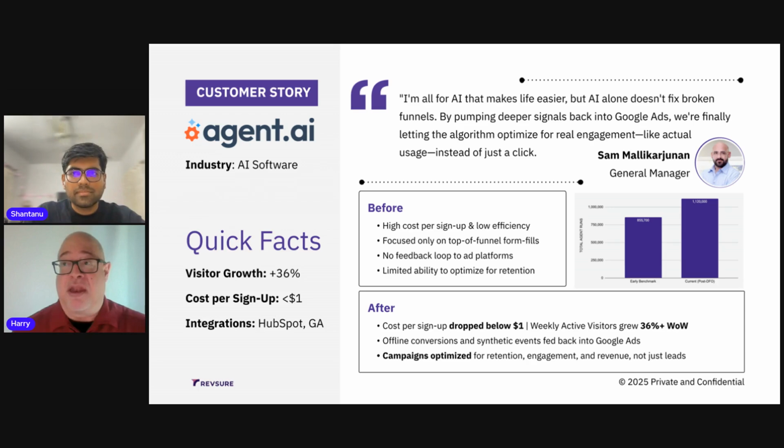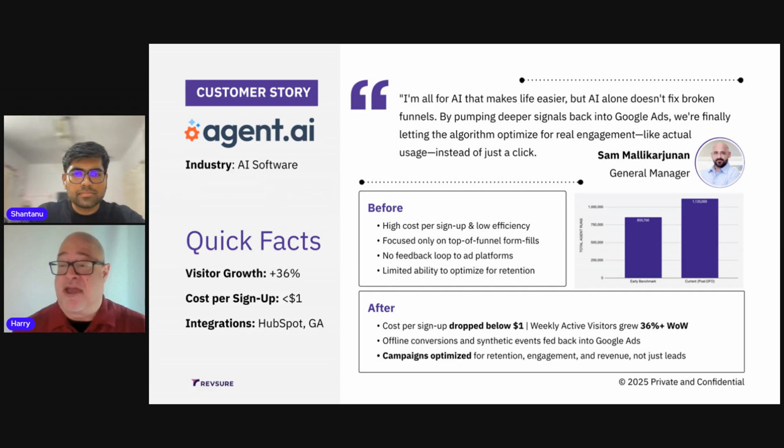We're able to cut the cost per opportunity and the cost per closed won deal. Now, Agent AI is not a monetized platform, so here we're focused on getting those signups and driving efficiency there. They went from signups costing $20 to $30 to less than $1, ultimately even significantly lower than that.